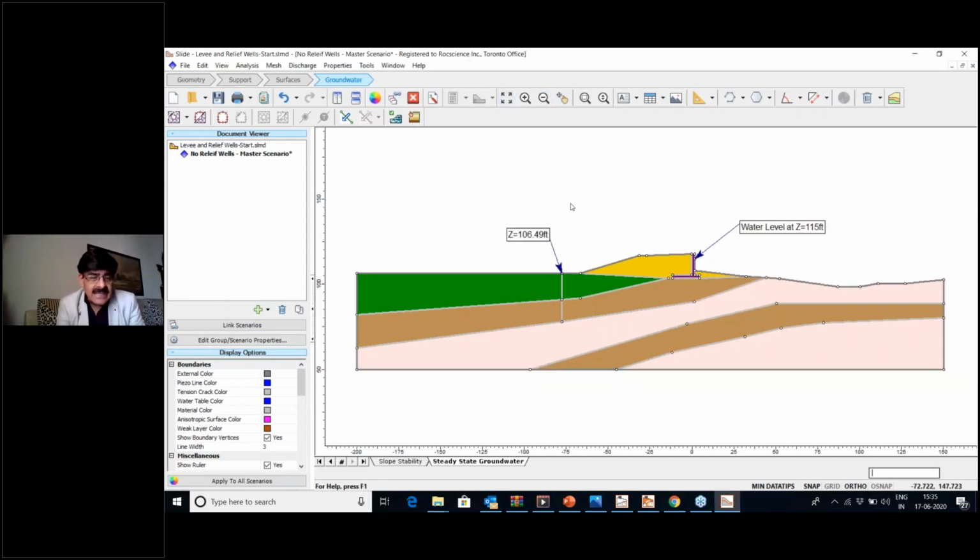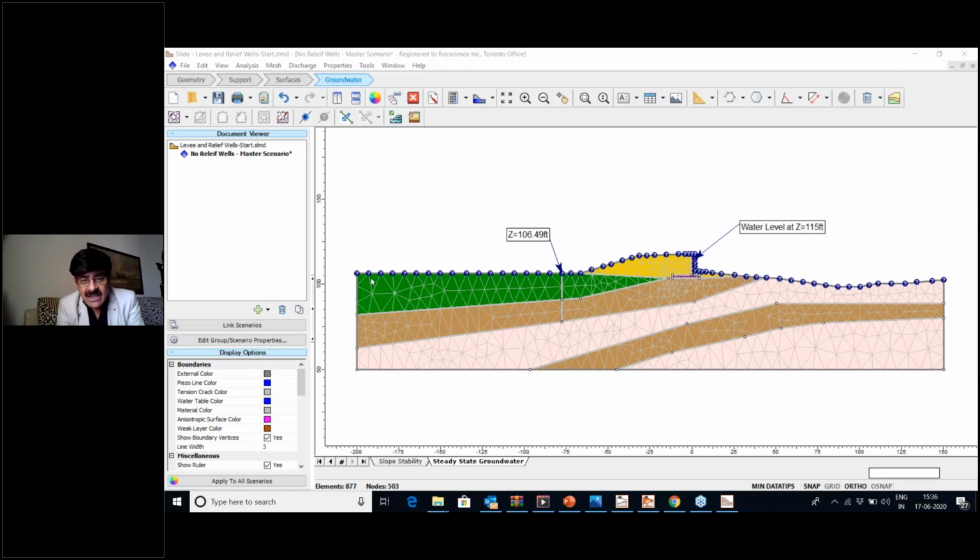In Rocscience software like Slide2, as far as finite element is concerned, or RS2 and other ones, there's a one-click mesh generation available, which is this one. And I'll use this. And you see the mesh has been generated. Now, we are more interested in knowing the values and the calculations in the vicinity of the levee.